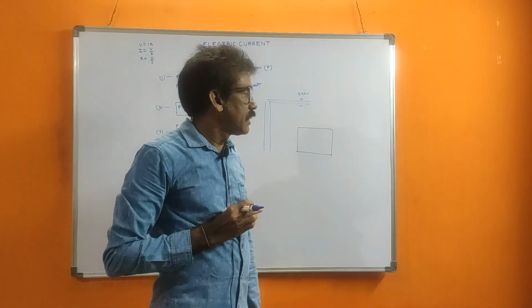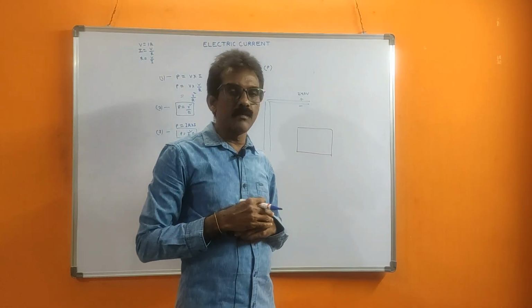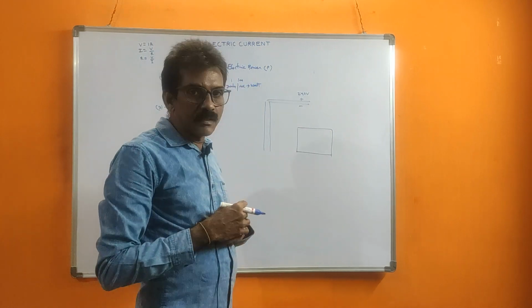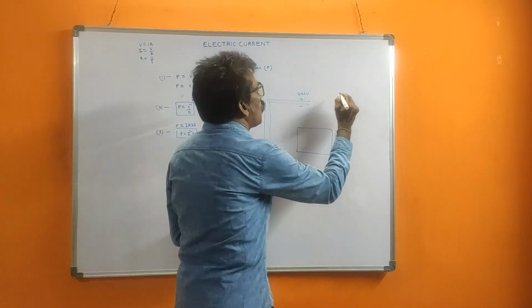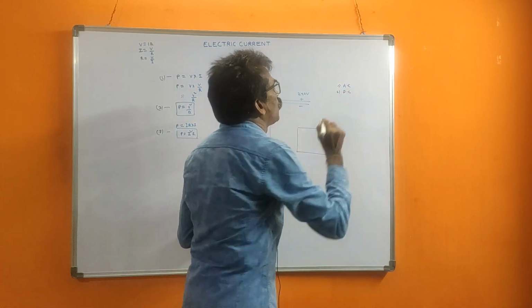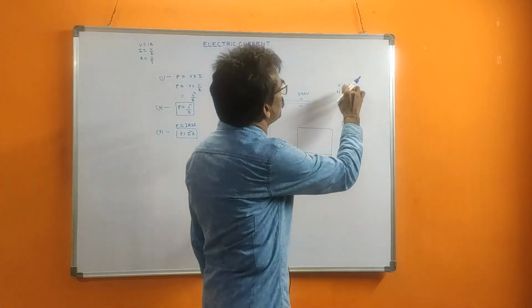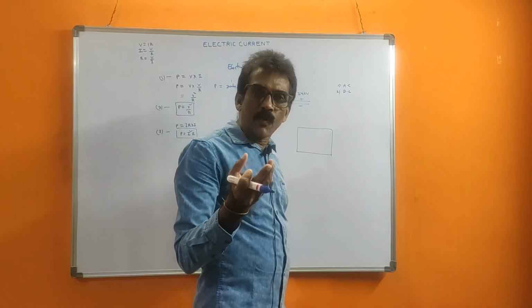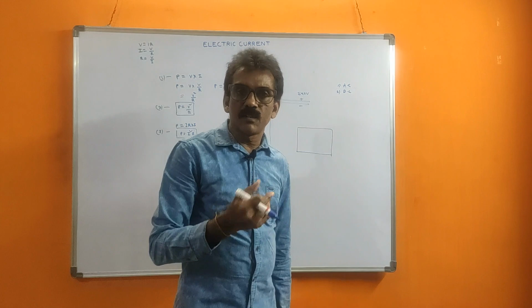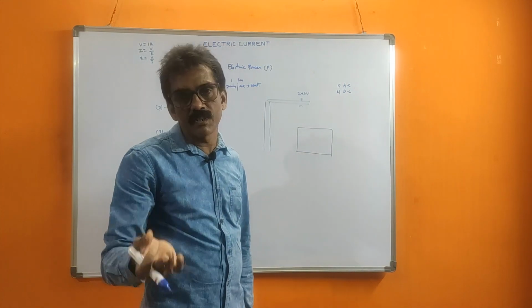But this is AC. In our house the supply is not DC. In electricity there are 2 types, one is AC, second one is DC. AC voltage, DC voltage. Current passes because of voltage. AC voltage means AC current will pass, DC voltage means DC current will pass.